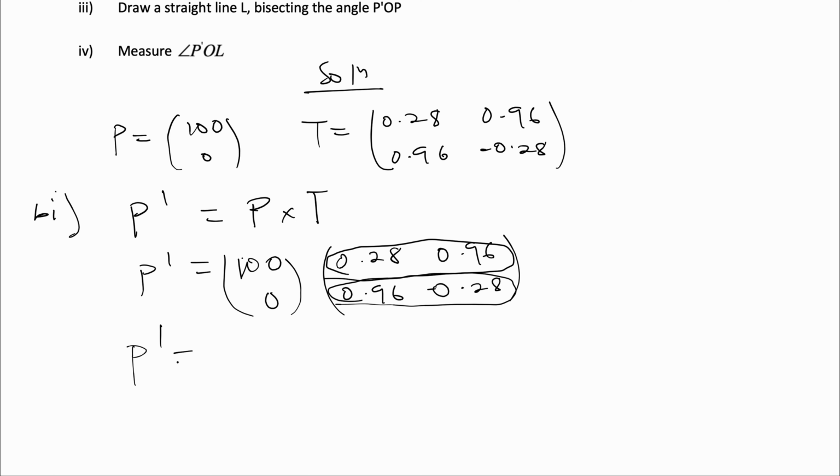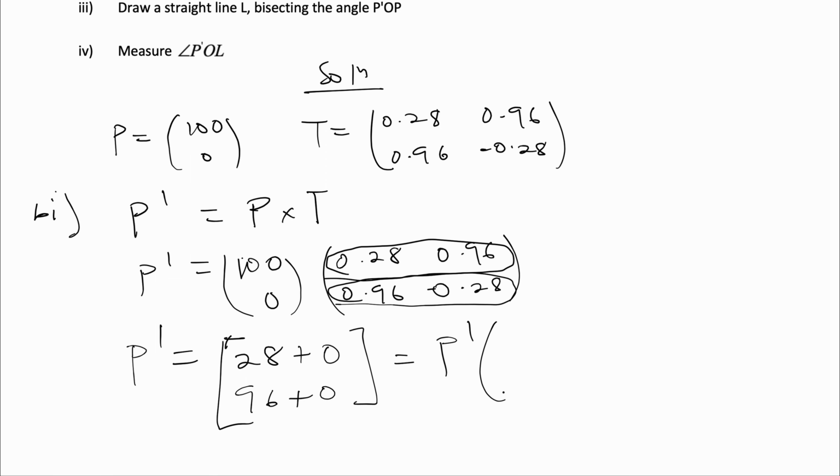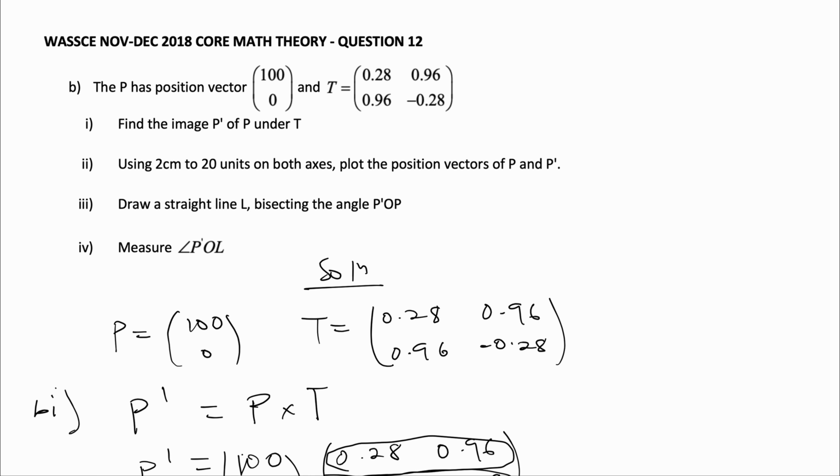So our P' will be equal to: 100 times 0.28 will give us 28, plus 0 times 0.96 will be 0. Then 100 times 0.96 will give us 96, plus 0 times -0.28 will be 0. So our P' will be equal to (28, 96).